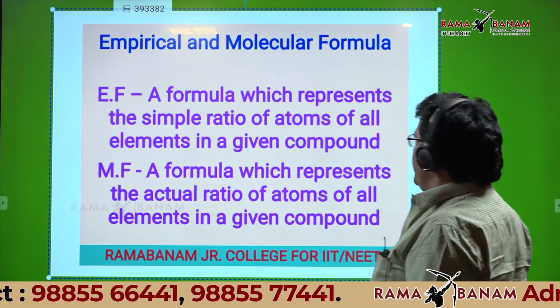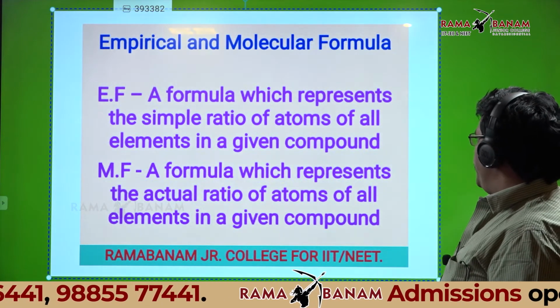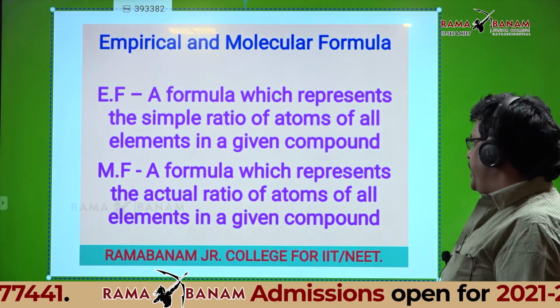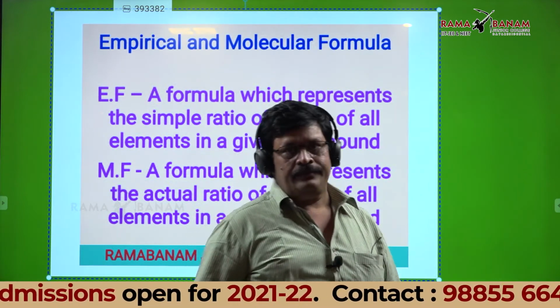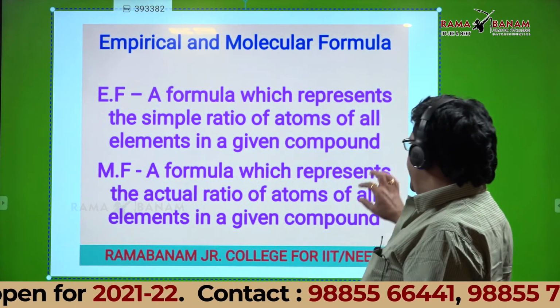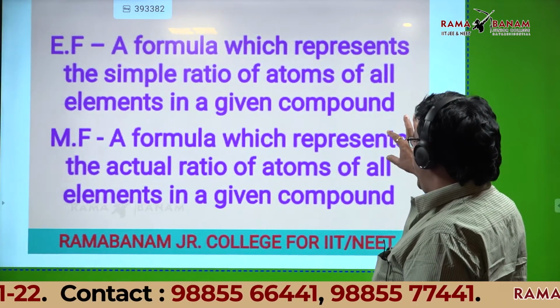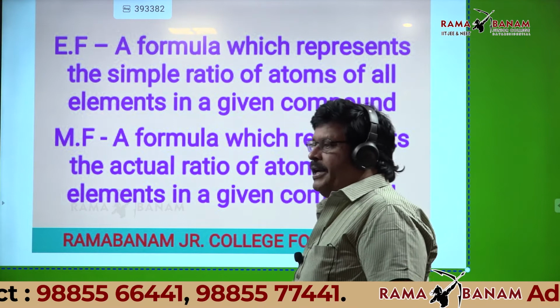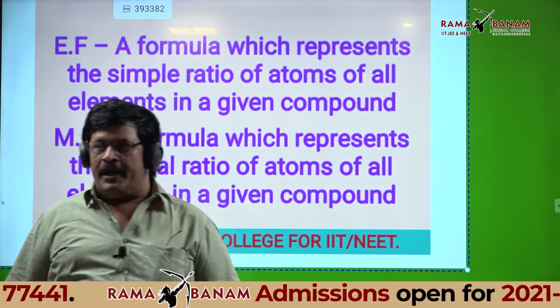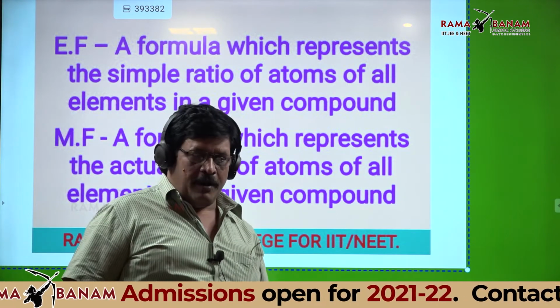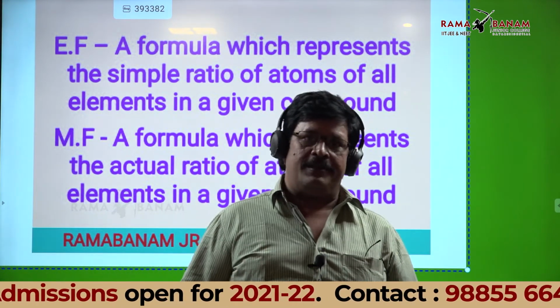A formula which represents the simple ratio of atoms of all elements in a given compound is called empirical formula. And molecular formula is a formula which represents the actual ratio of atoms of all elements. For a compound, the empirical formula may be the same as the molecular formula, or it may be different also.